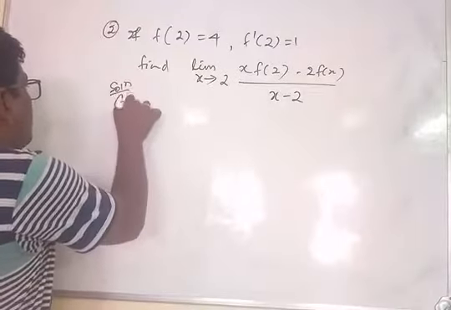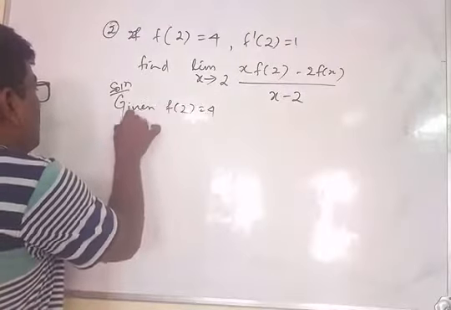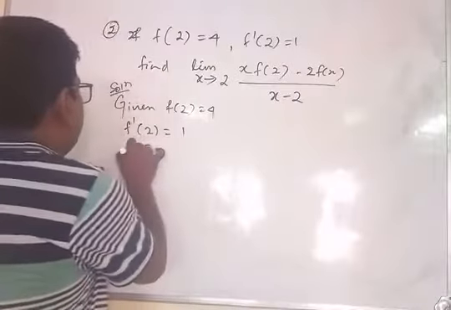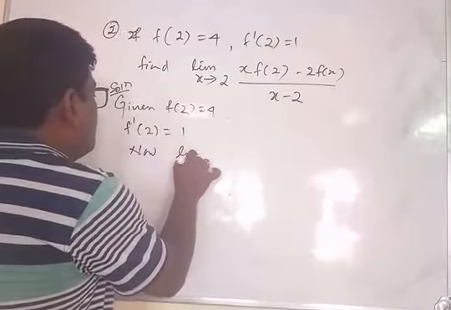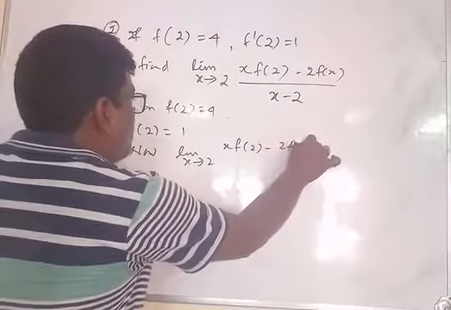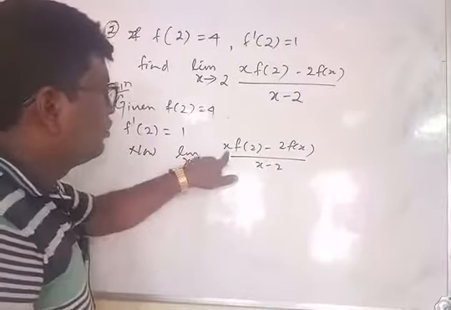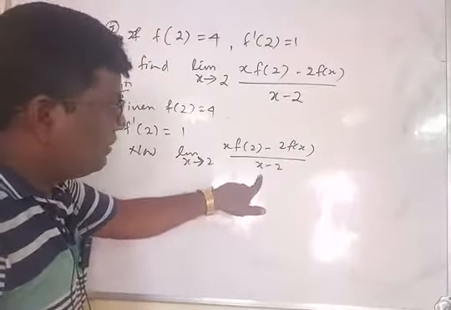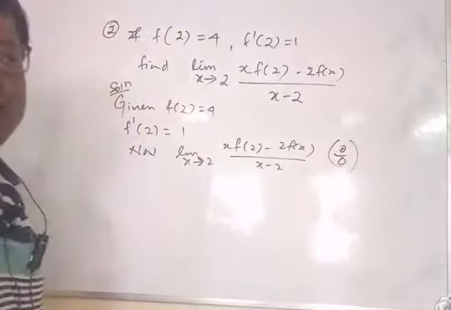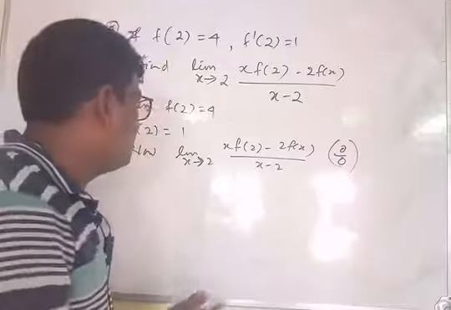Solution: given f(2) is equal to 4 and f′(2) is equal to 1. If we put x equal to 2, 2f(2) minus 2f(2) is 0, and the denominator is also 0, so it is 0 by 0. We cannot use direct substitution here.